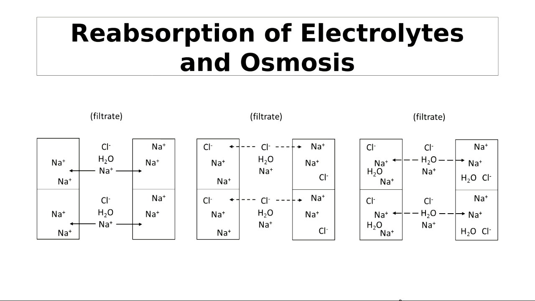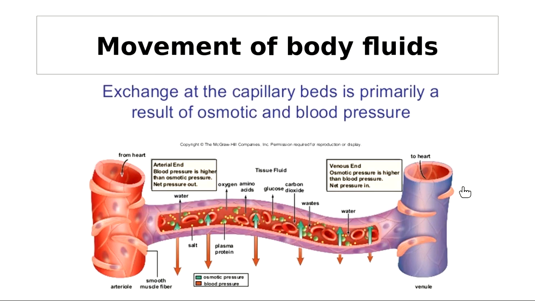Now I have some movement of body fluids here, just to give you an idea of how fluids are caused to leave capillary beds. It says exchange at the capillary beds is primarily a result of osmotic and blood pressure. Osmotic pressure and blood pressure. So on the arterial side, you have a higher pressure in an arteriole than you do in a venule.